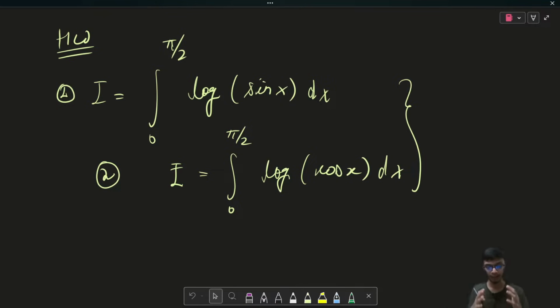You have to build your base. These theories are going to build your basics, a basic concept towards solving any question of definite integral, especially in the examination, right? So with this idea, let's get started.